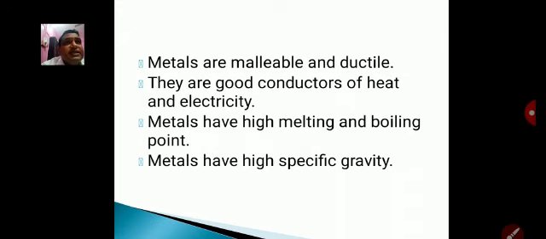They have high tensile strength. Sonorousness: metals are sonorous, this means metals make a ringing sound when we strike them. And hardness is one of the characteristics of metals. Metals are generally hard. This means that most of the metals cannot be cut easily. And metals have high specific gravity.